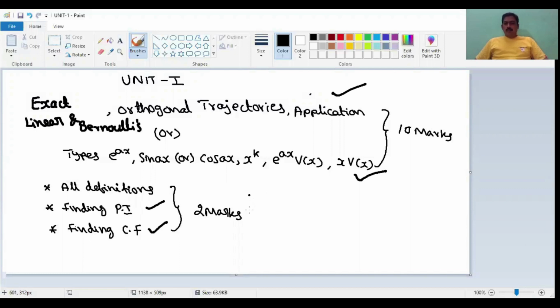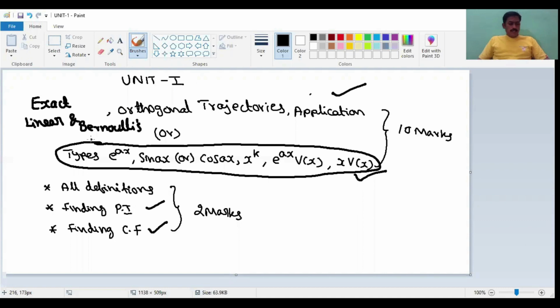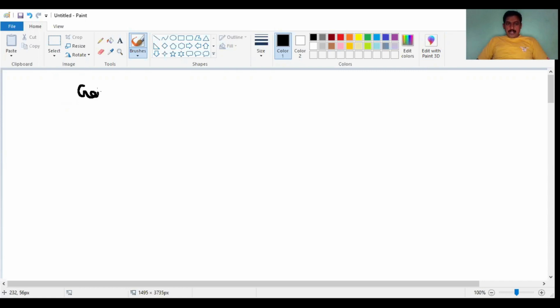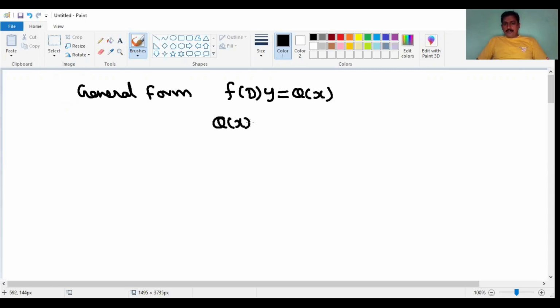So now we will see some concepts in the second part, that is solution of linear differential equations of second order and higher order. General form of that equation is given like this: f of D into y equal to q of x. If the q of x equal to 0, the equation is called homogeneous differential equation.